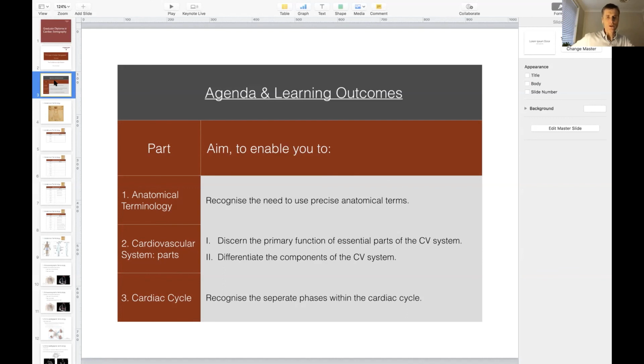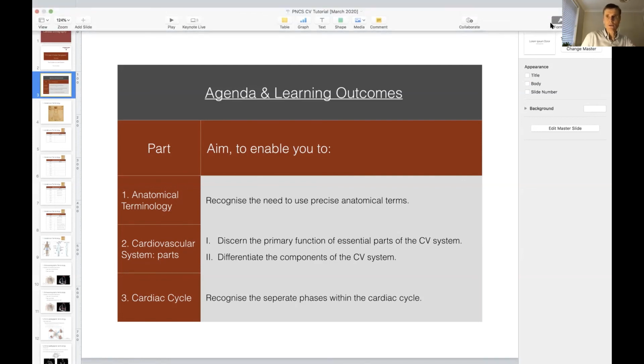And also that within the cardiac cycle there are different phases, and those phases represent important aspects that all come together to enable the heart to function optimally, to provide the driving force of the circulation, and to allow us to move around and do all that we need.